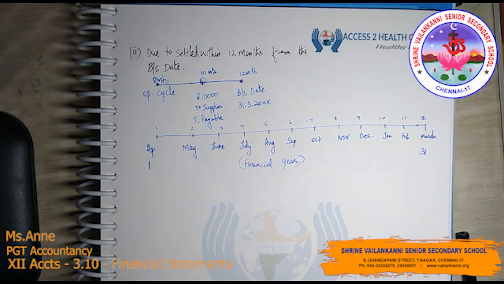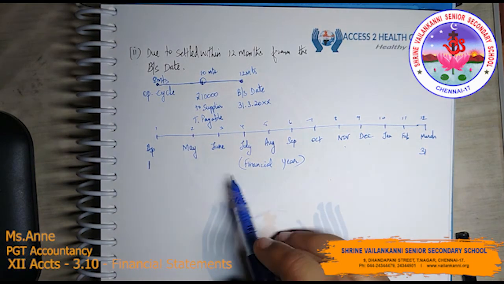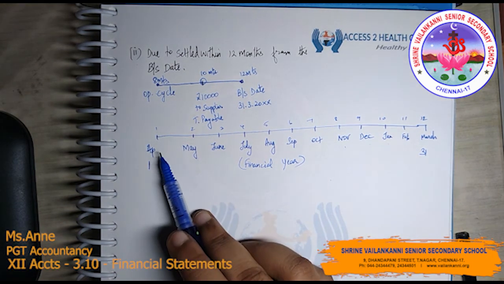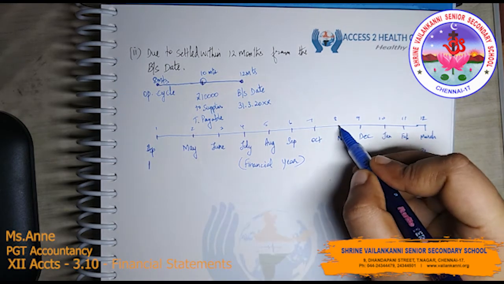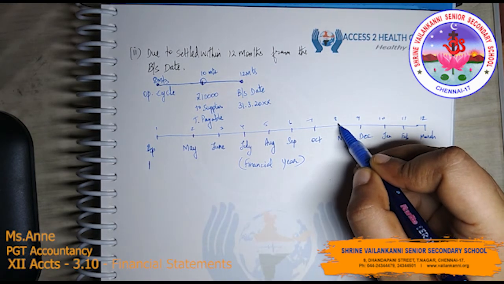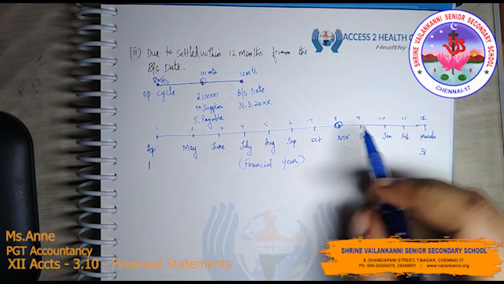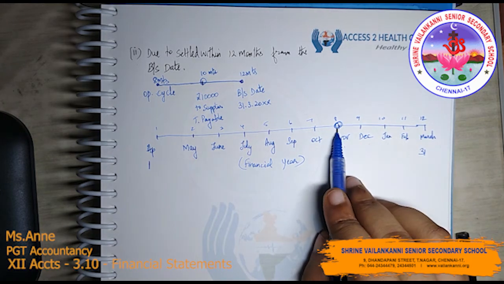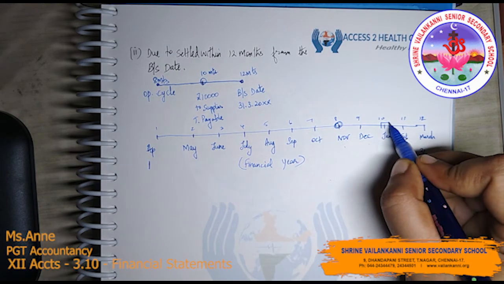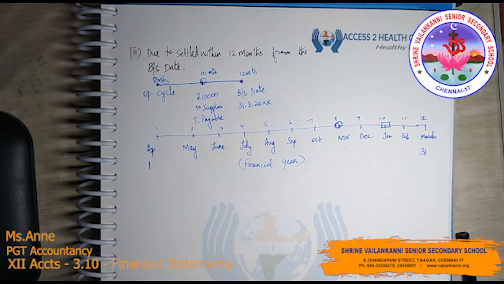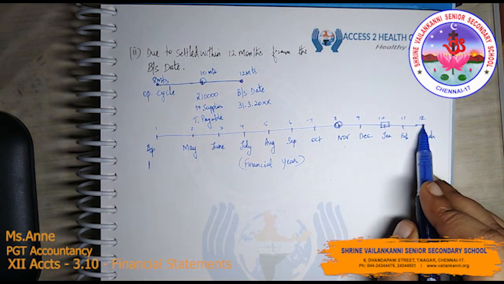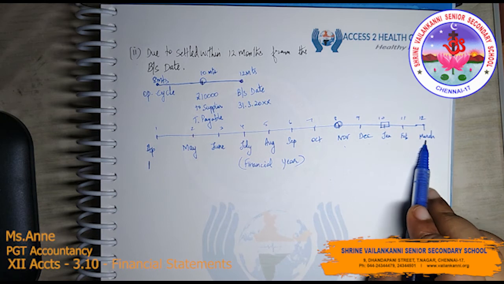We have to settle. Our operating cycle is 8 months, so it comes to November. But we need to settle in the month of January. Our 12 months is closed by the month of March.